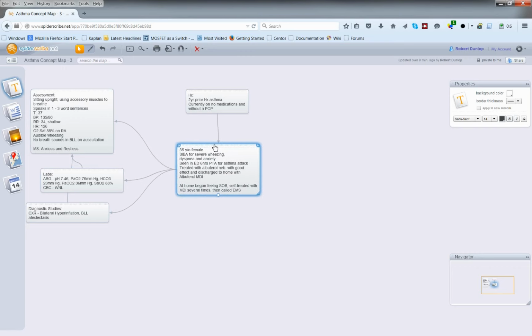However, there's another relevant fact here. Anxiety and restlessness are also classic early symptoms of hypoxia, and she seems to be a little hypoxic. Now, you may ask, she's asthmatic, so why is she alkalotic instead of acidotic?